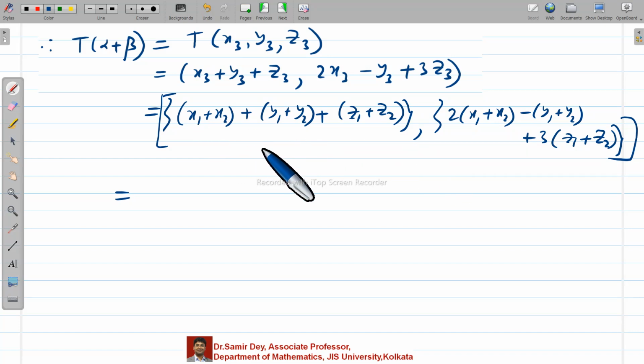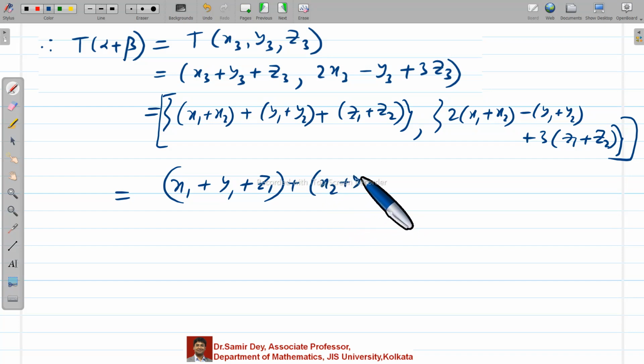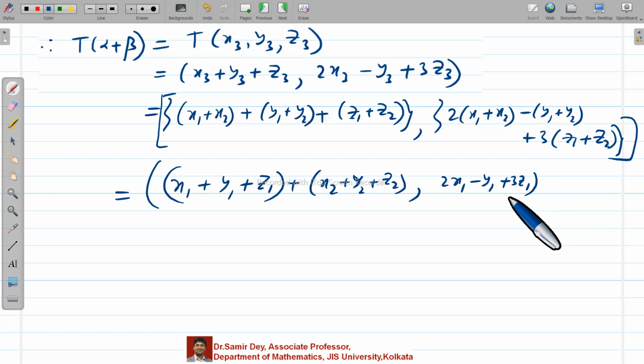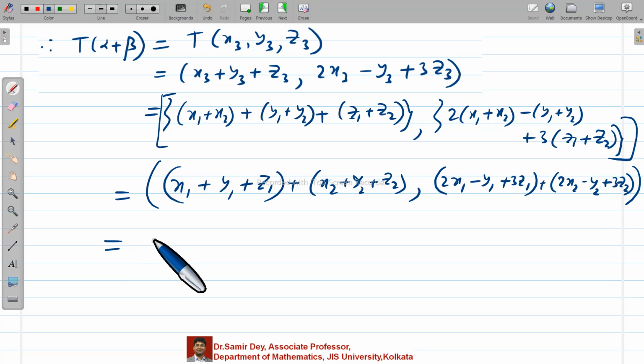So here you may write (x1 + y1 + z1) + (x2 + y2 + z2) from here, and from here (2x1 − y1 + 3z1) + (2x2 − y2 + 3z2). Okay, that is component-wise you have rearranged.